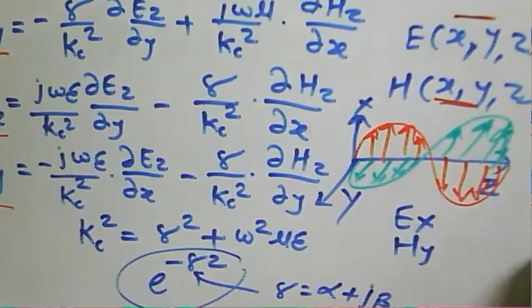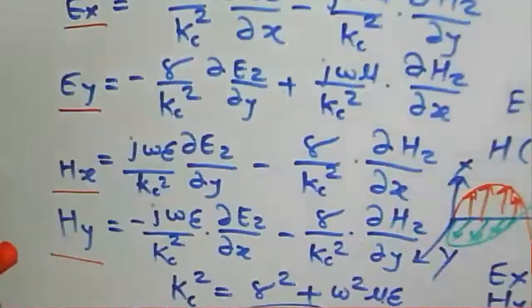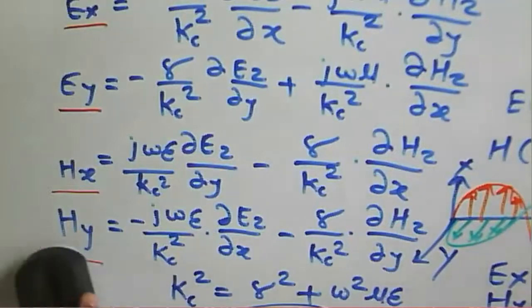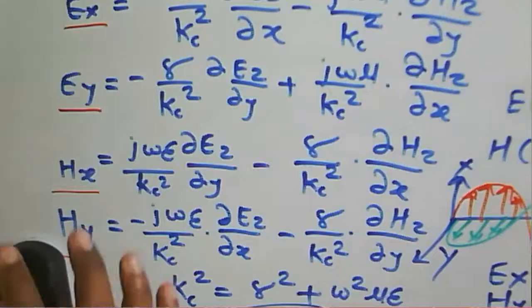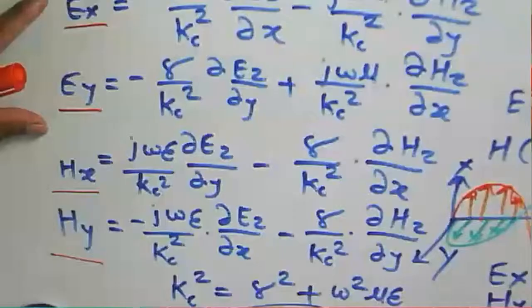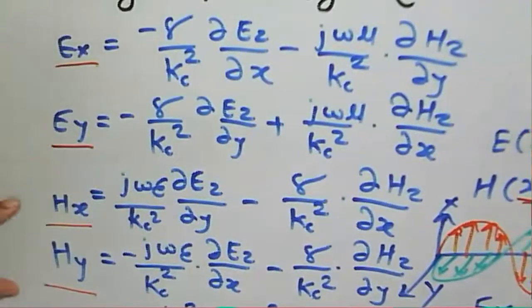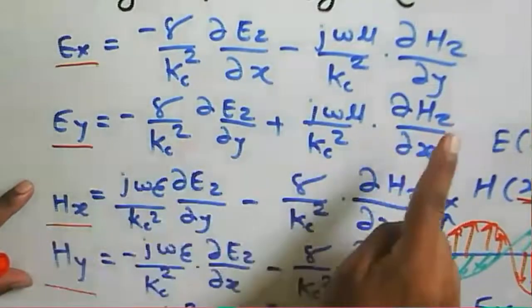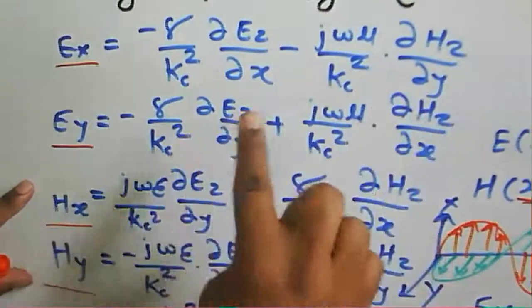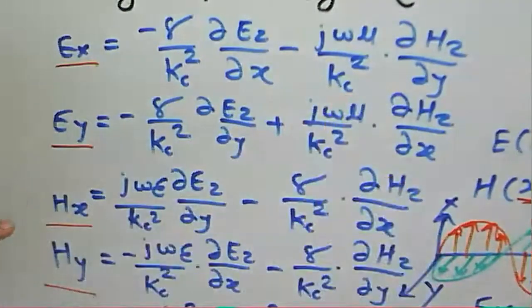Now which component is present? Whether it is the Ez component or the Hz component, or whether both components are there, we'll talk about this next. Just remember that we have the field components Ex, Ey, Hx, Hy, and in both cases, all these equations are in terms of Ez and Hz.